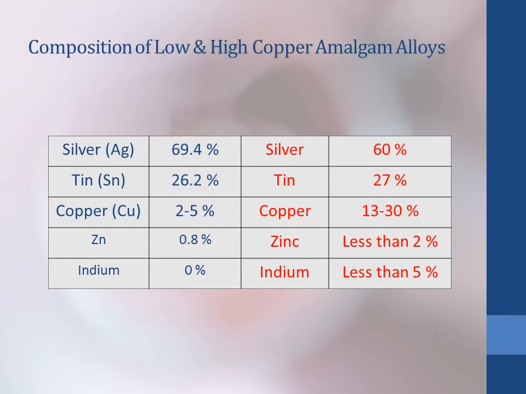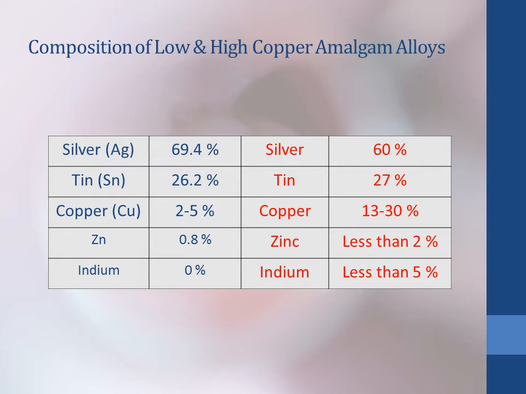Let's look at the composition of low and high copper amalgam alloys. So basically, low copper contains about 69.4% silver, 26.2% tin. Copper is present only in 2 to 5% amounts. Then zinc and indium are present in very less amounts.